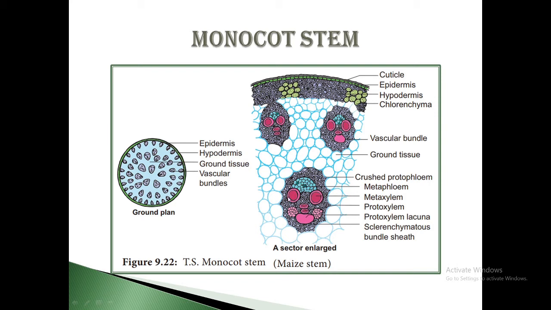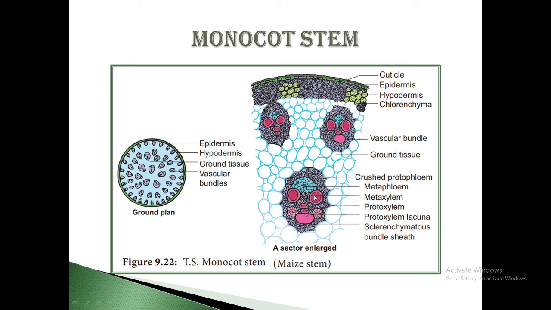And if vascular cambium is present between xylem and phloem, it is known as the open type of vascular bundle. In monocot stem the cambium ring is absent, so this is known as the closed type of vascular bundle.